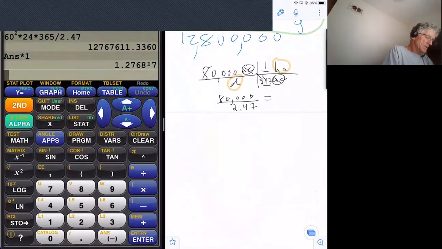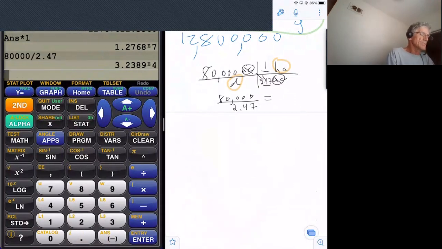is equal to 3.24 times 10 to the 4th power hectares per day.